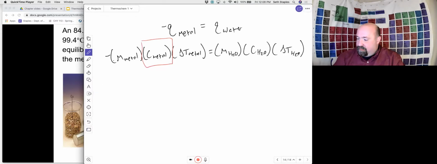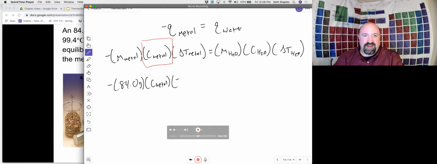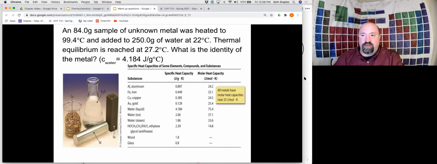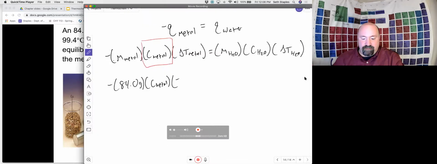So our mass of the metal, we were given at 84.0 grams. C of the metal is what we're trying to solve for. Our delta T of the metal, our final temperature of 27.2 minus the 99.4.